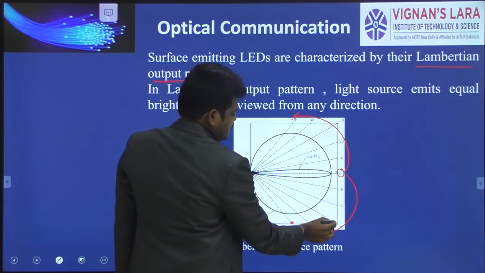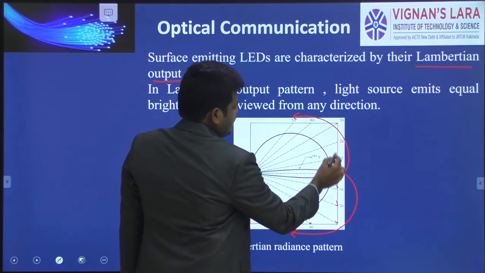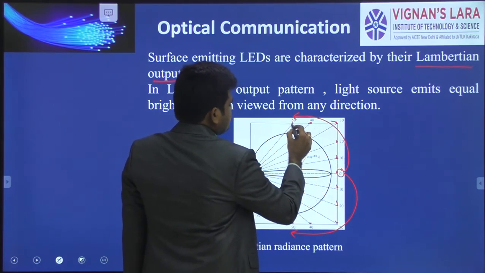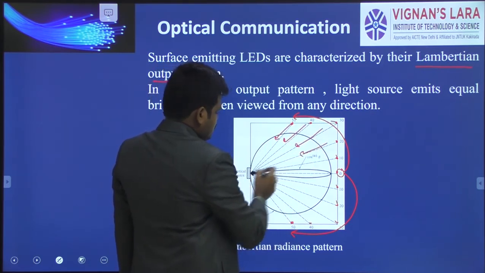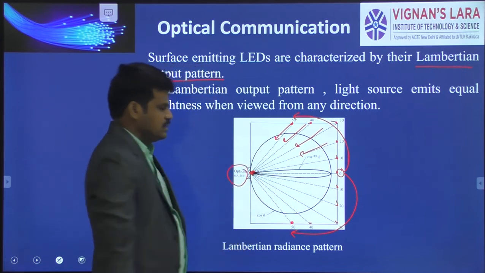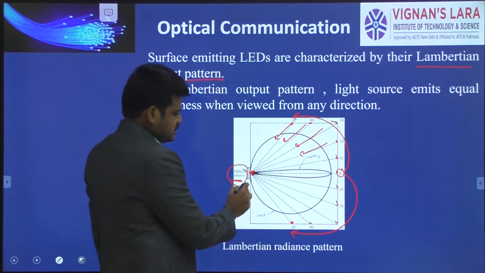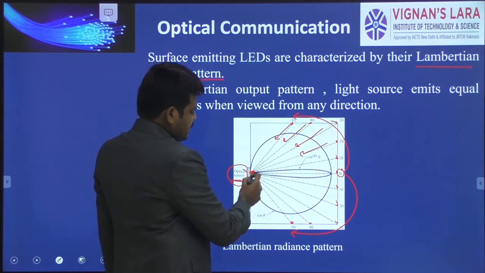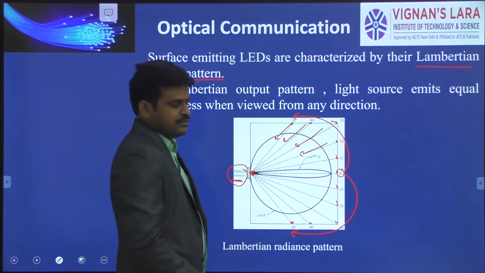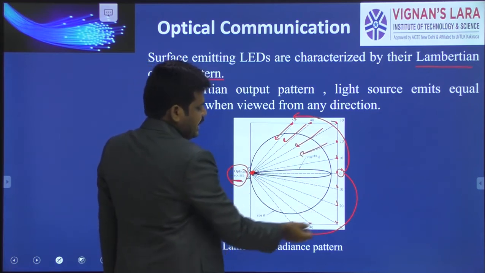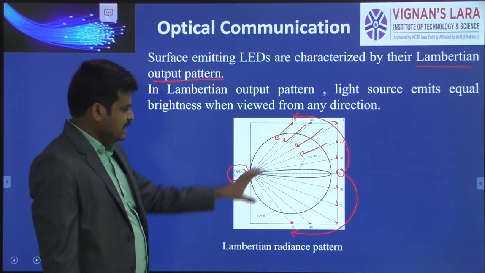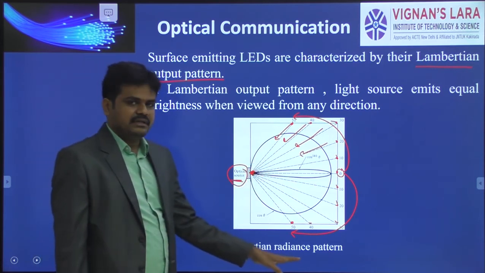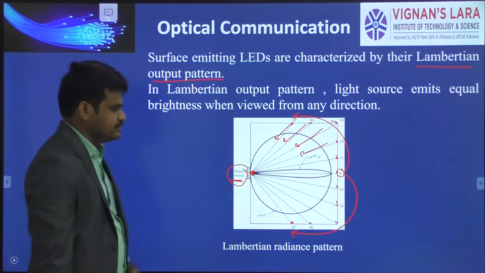Say this is the optical source. The radiance emitted by the optical source is equal when it is viewed from any angle. This kind of representation is called Lambertian radiance pattern.